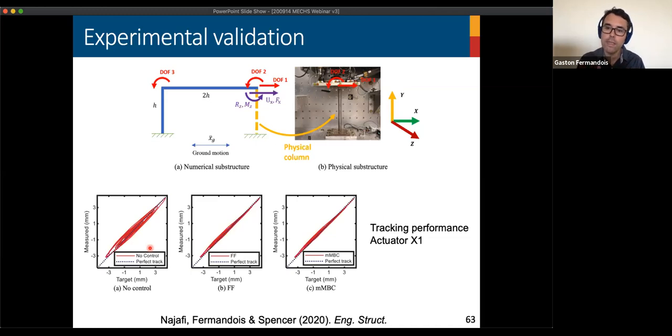But this is only the tracking performance for 1 actuator. We need to check if we do the same for all 6 actuators. The question that arises is, are we doing a good compensation or good tracking in Cartesian space? We're not interested in actuator space.